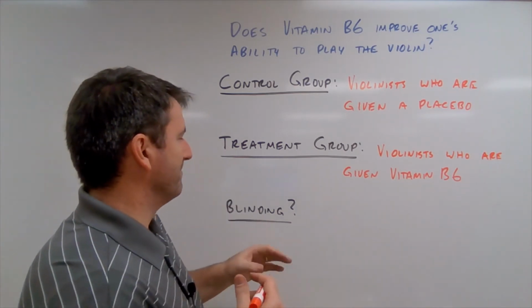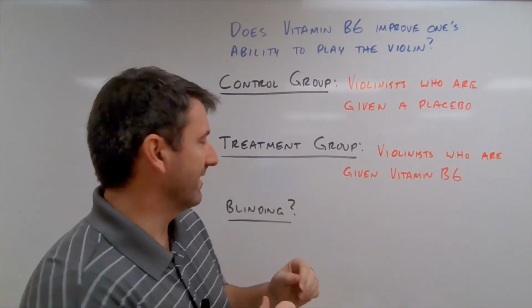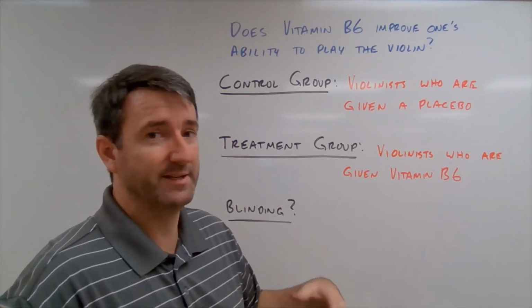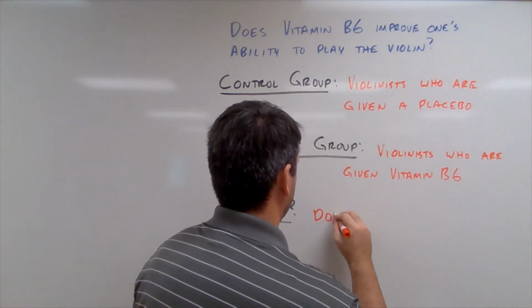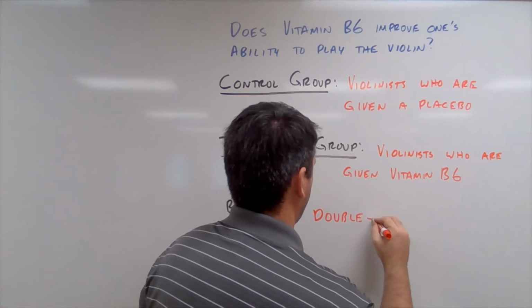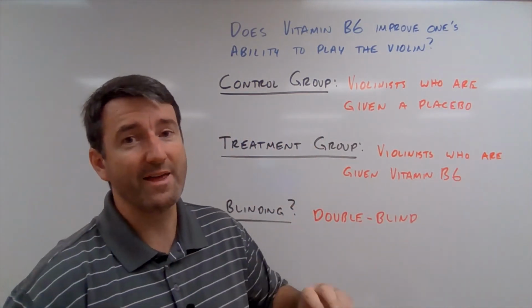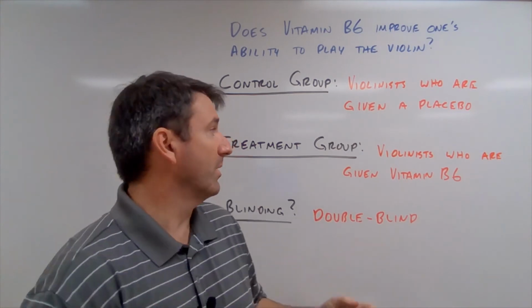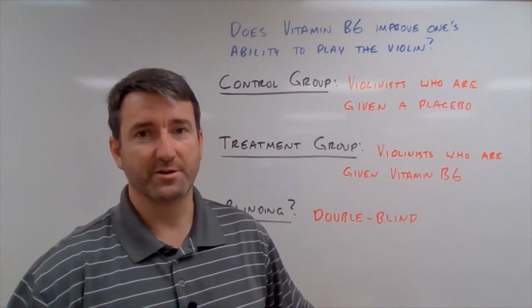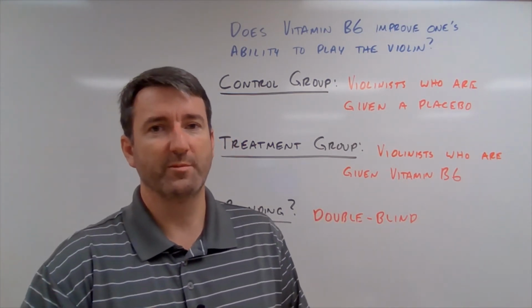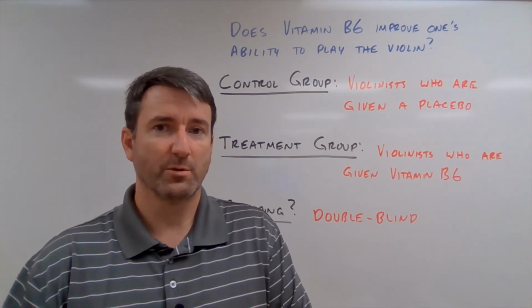So we would want this to be a double-blind experiment. We wouldn't want either the participants or the researchers to know who was in the treatment group and who was in the control group.